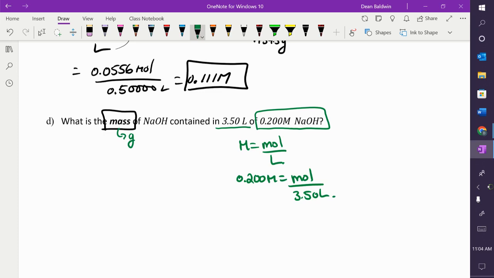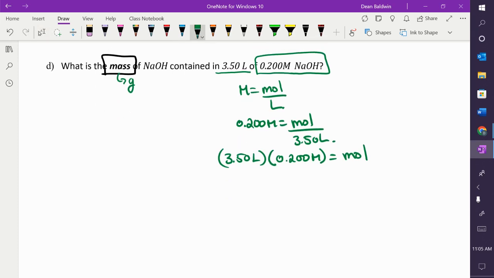You're going to multiply the 3.5 up here. That's going to give 0.700 moles of NaOH.